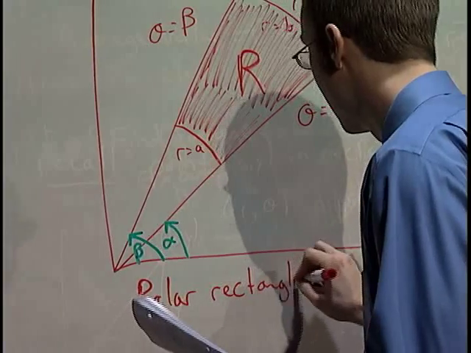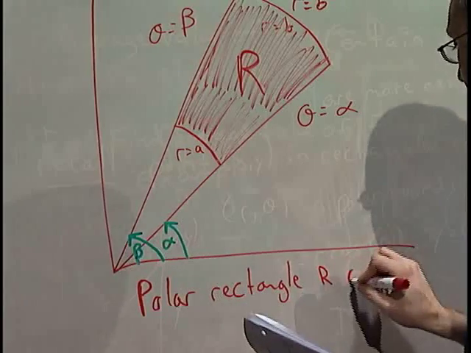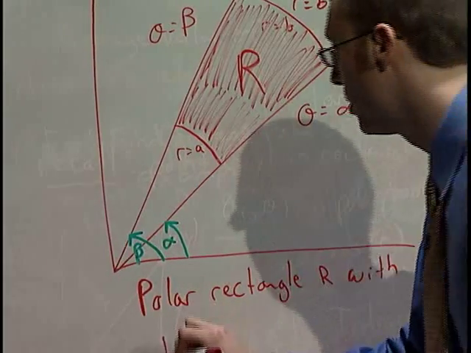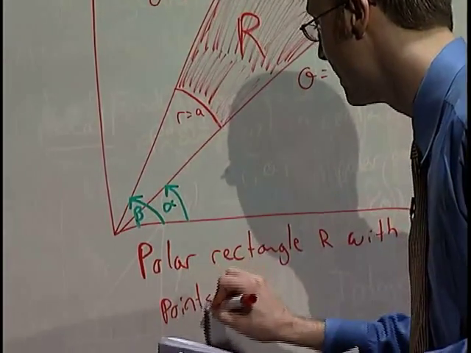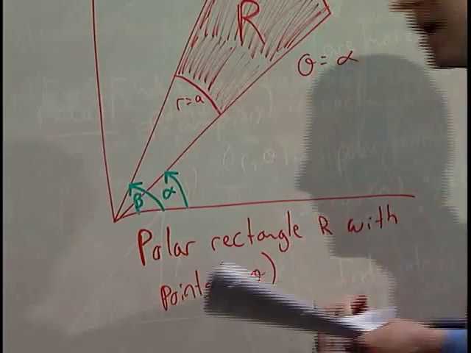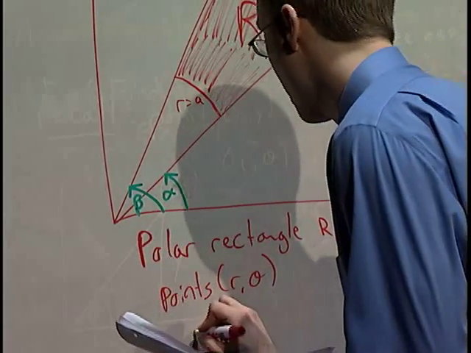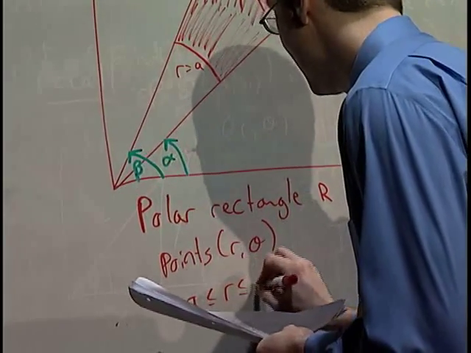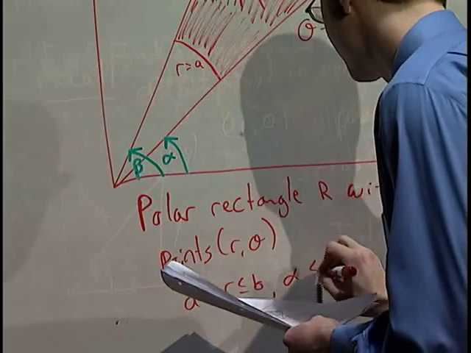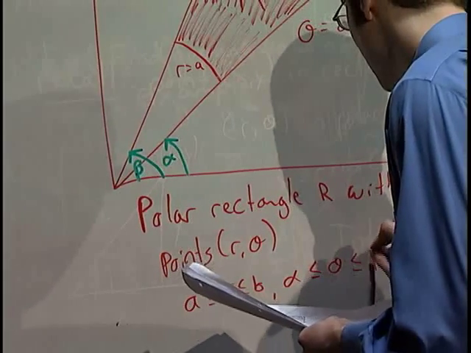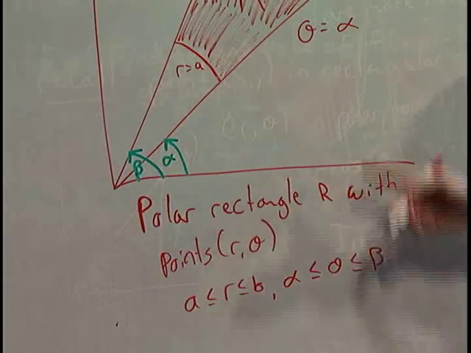The points are in polar coordinates, so we want them to be r comma theta. Our r values lie between a and b, and our theta values lie between alpha and beta. So there's a polar rectangle.